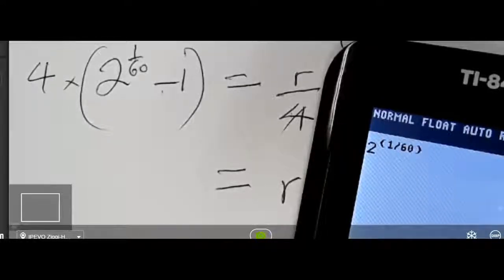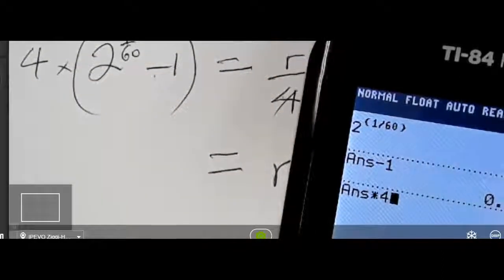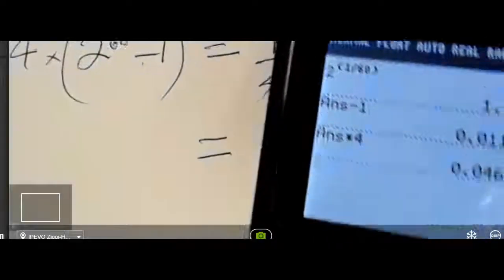That's my parentheses, so do that first. I will hit enter. Whatever I get, I just do minus 1. My answer minus 1. Hit enter, and then do times 4. My answer times 4. Do it step by step just to make sure.